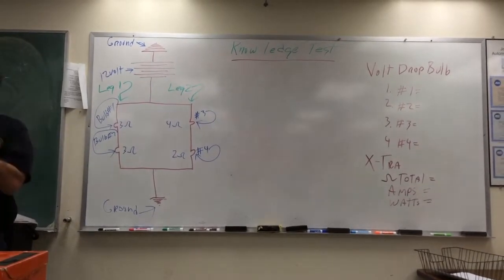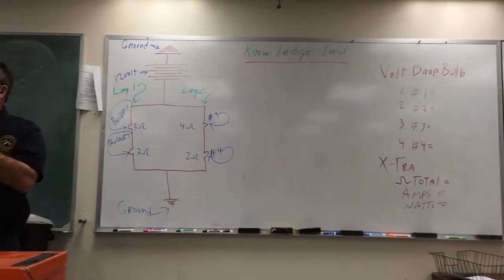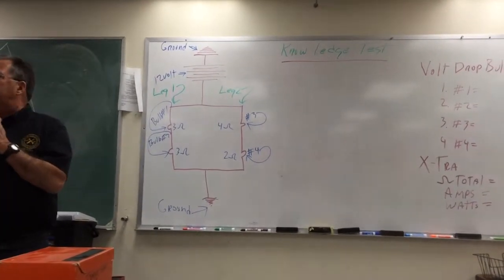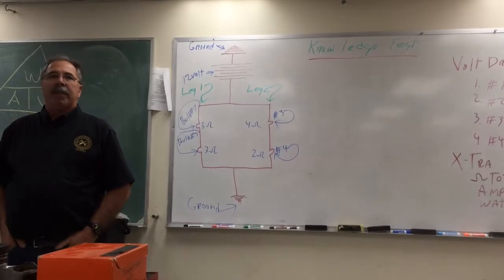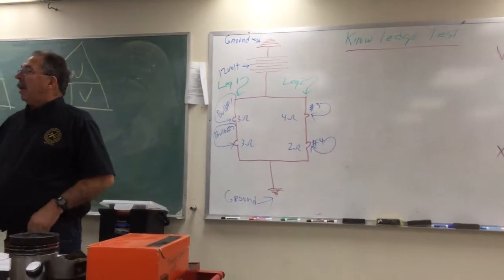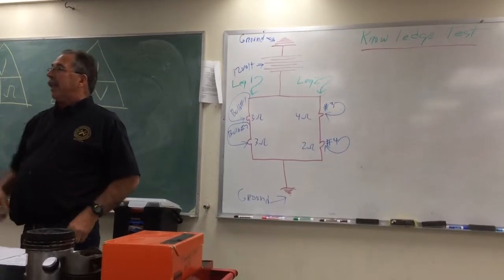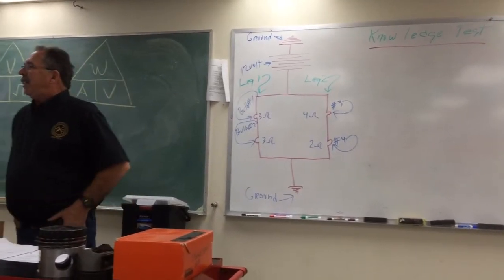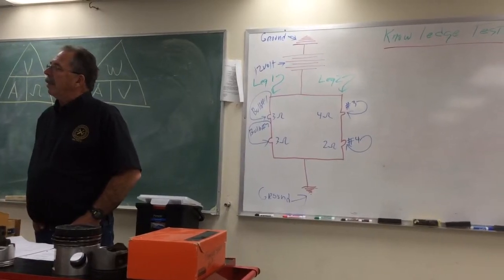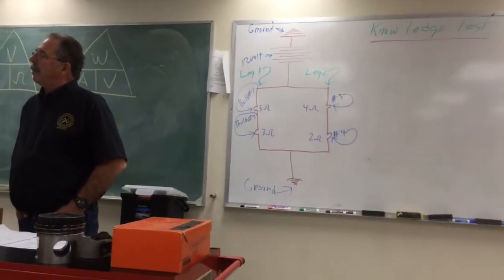So to get our heads where it belongs, of course we need to know the rules of a parallel circuit. Who wants to tell us the first rule? You all have that on your study guide? Yes, go ahead. First rule. Good man. He's not opening the study guide. He's got it memorized. You're my hero. The total resistance will be smaller than the smallest resistance.